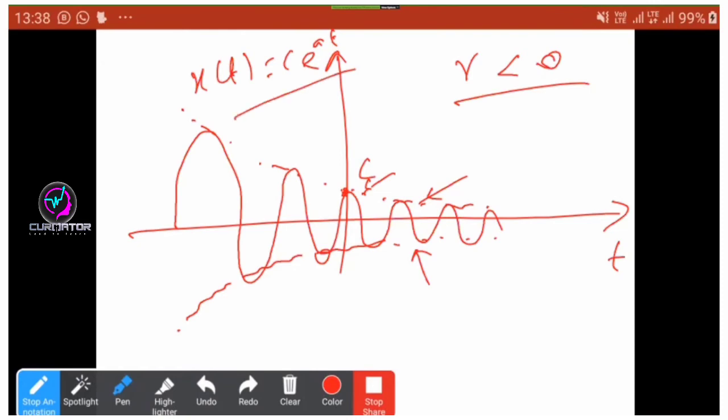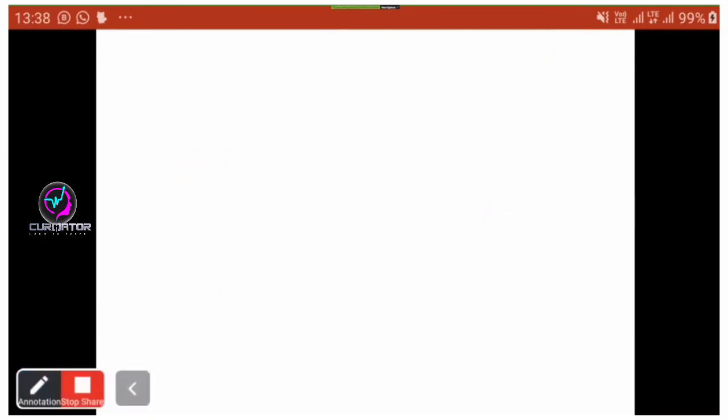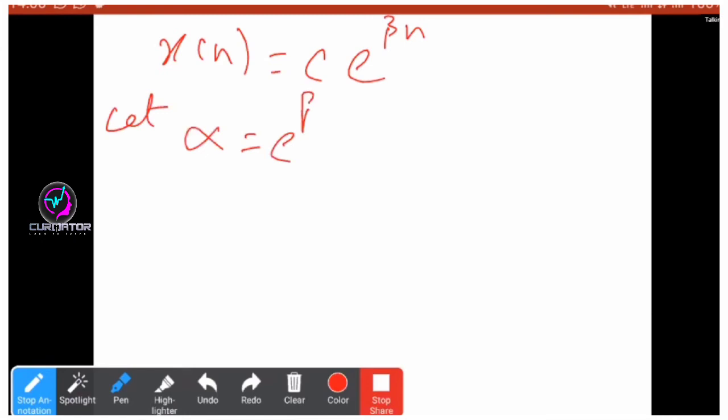Now let us take a discrete time sinusoidal or exponential function. It can be represented as x of n. Let us consider a discrete time exponential signal as c e power beta n, and for our convenience I am going to assume e power beta as alpha, and now our signal will be x of n is equal to c alpha power n.